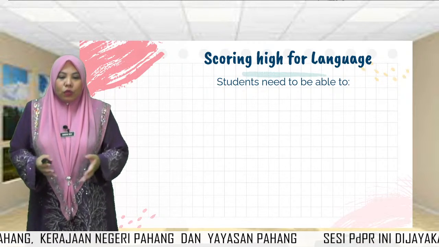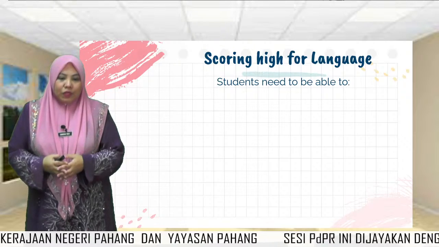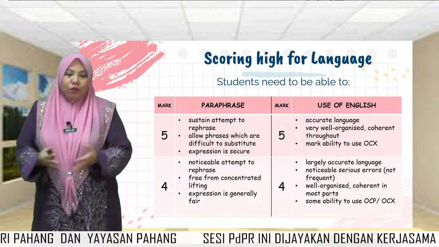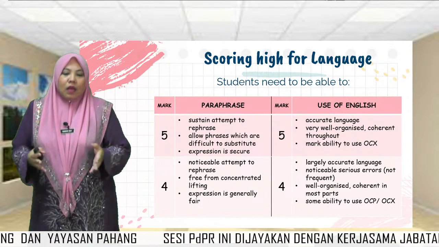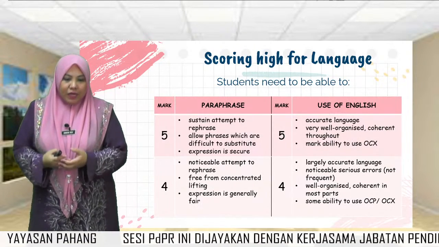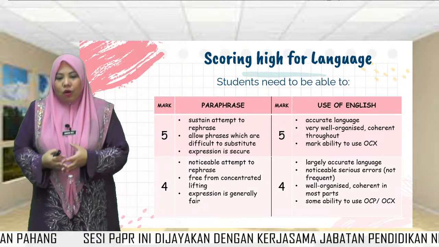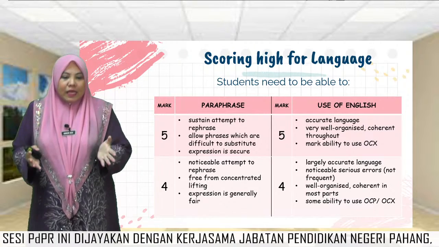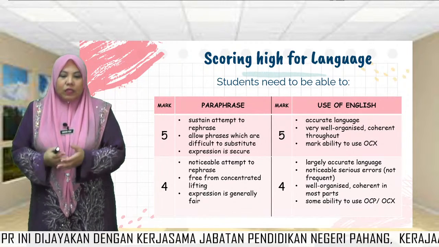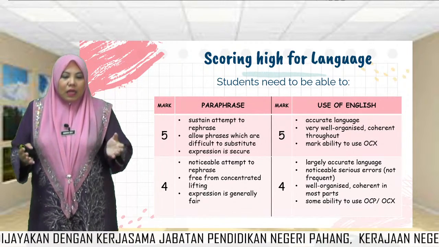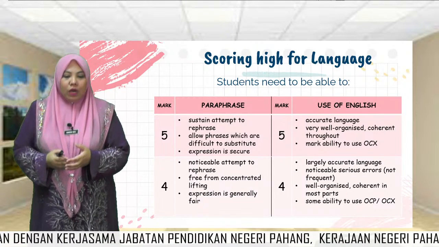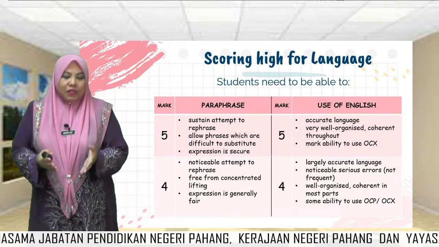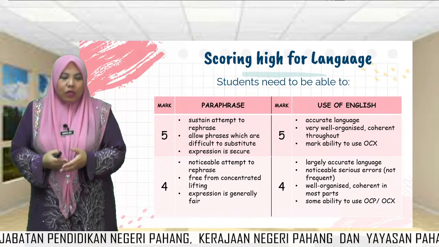For students who wish to score high for language, students need to be able to demonstrate these when writing their summary. Under the aspects of paraphrase, in order to score the mark of 5, students need to sustain attempt to rephrase the content points, allow phrases or words which are difficult to substitute, and also have secure expression throughout the summary.